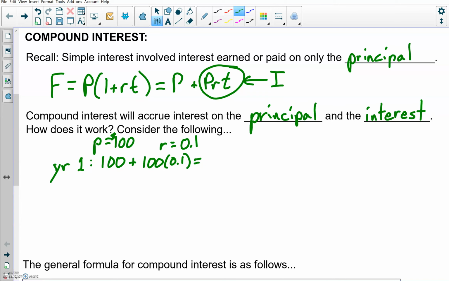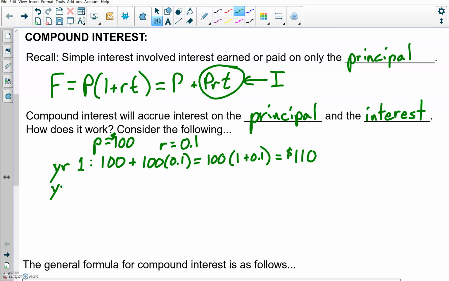This will equal 100 times (1 plus 0.1), and that will give you $110. If you compare this back to simple interest, after a year of interest being accrued on that $100 investment, you don't notice any difference.